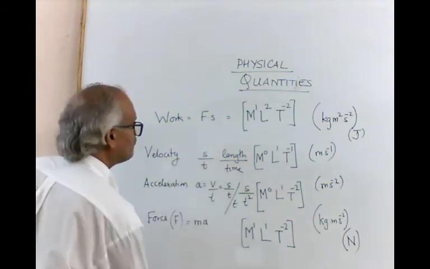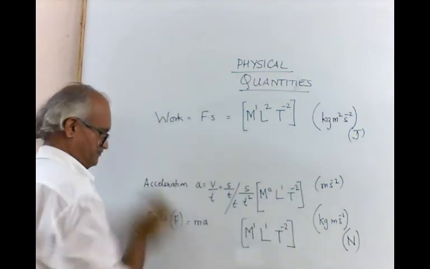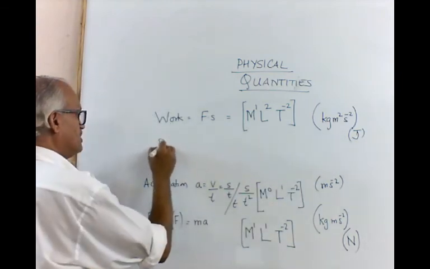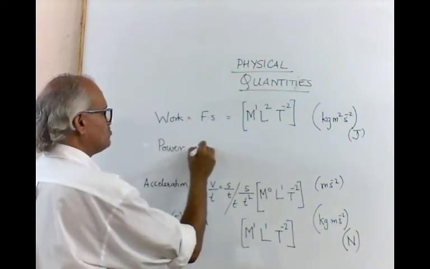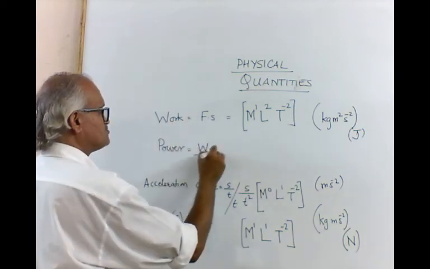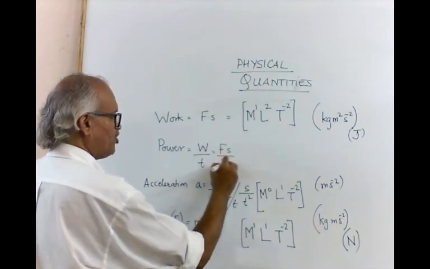Now let me move to one more quantity, and that is power. So power is rate of doing work, so it is work upon time, so it will be F into S, force into displacement upon time.